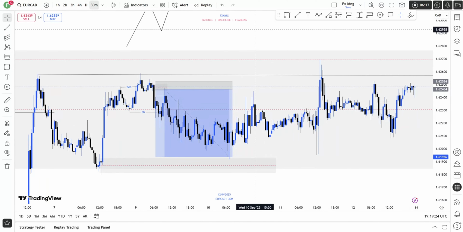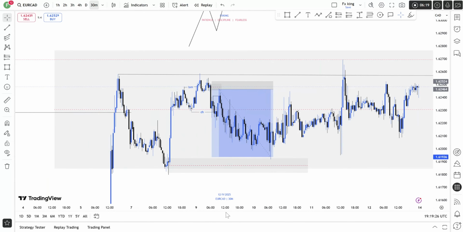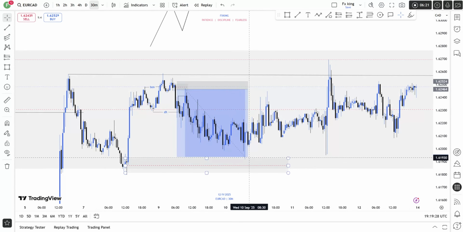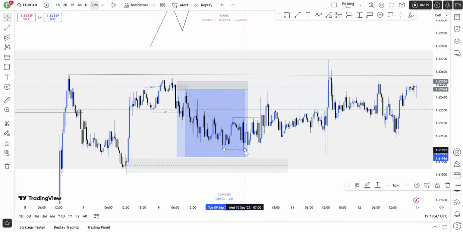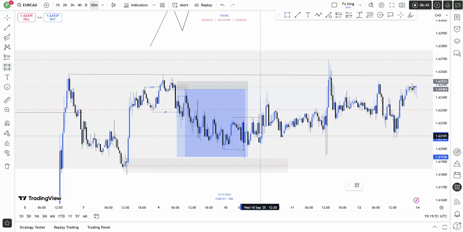Now, also, when the market came down to this zone, I saw this reaction, I saw this big rejection. I also saw this market starting to push to the upside by creating this break of structure to the upside here, and we had a sweep here. Now, what I initially did was I entered a trade.